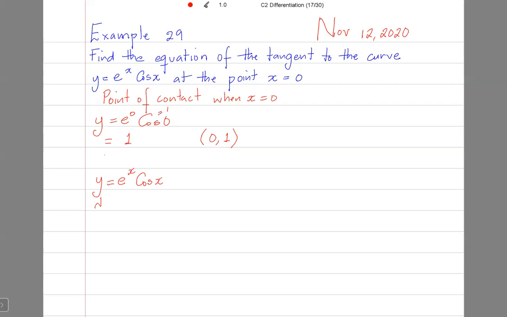So dy by dx. Now product differentiation, as a reminder, if y is equal to u times v, dy by dx would be equal to u dv by dx plus v du by dx.